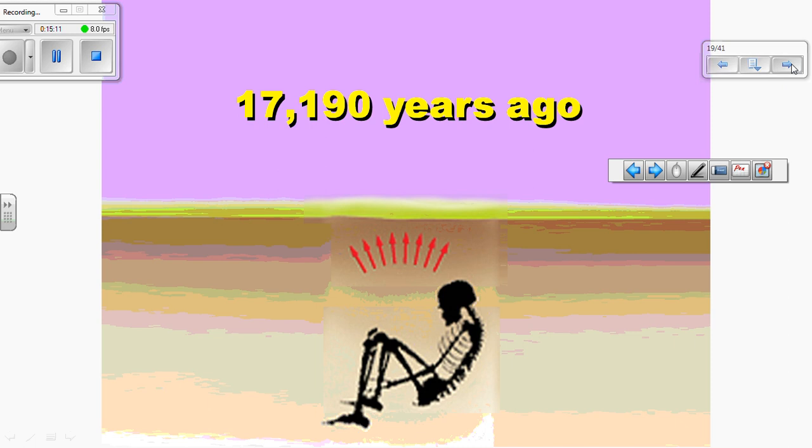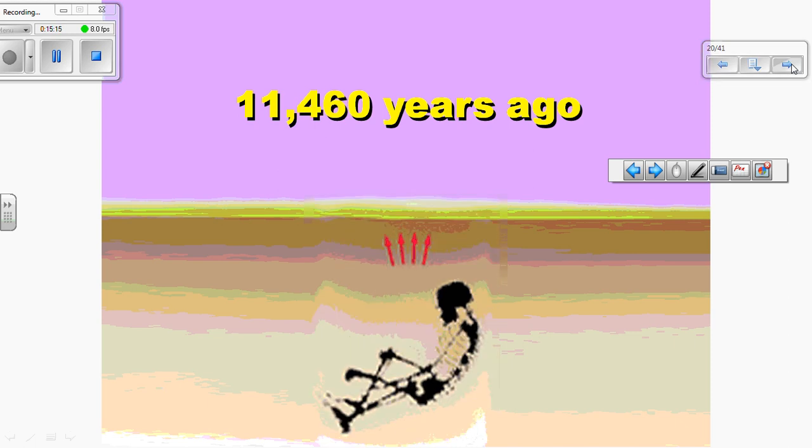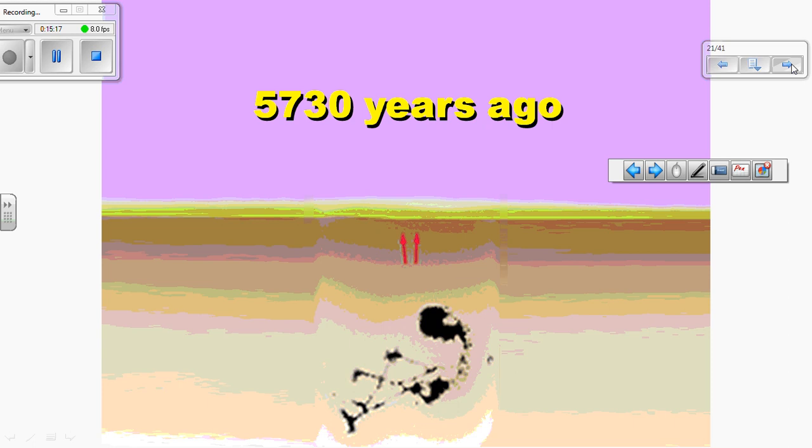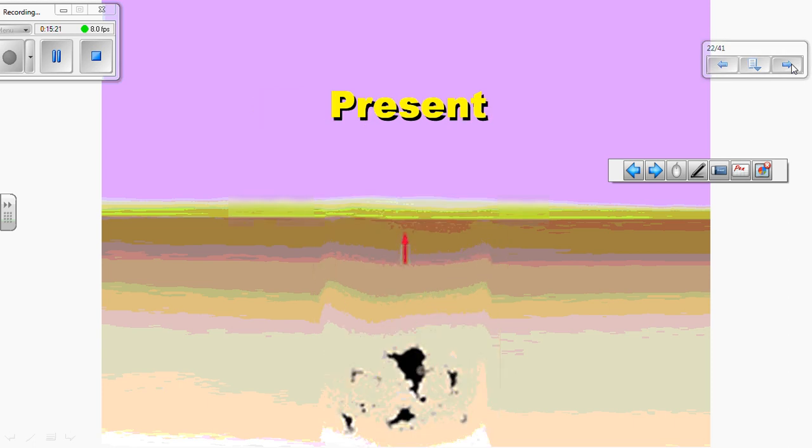About 17,190 years ago, this is about how much carbon-14 you had left in the skeleton. And as you keep going, you can see the breakdown of this carbon-14 atom. So this is an excellent way for scientists to figure out how old a substance really is, by looking at the amount of carbon-14 that's left in a material.